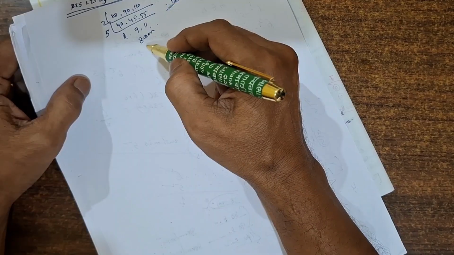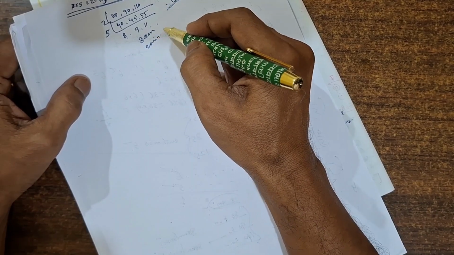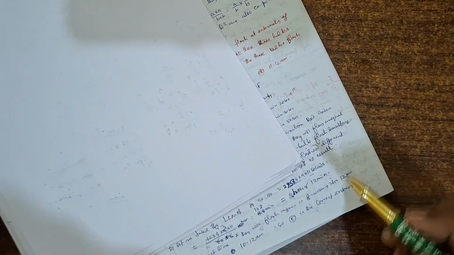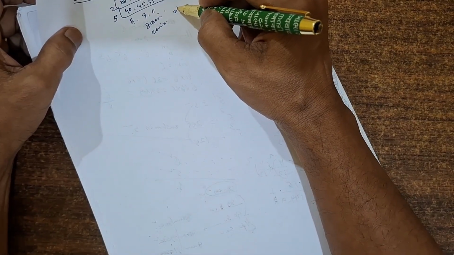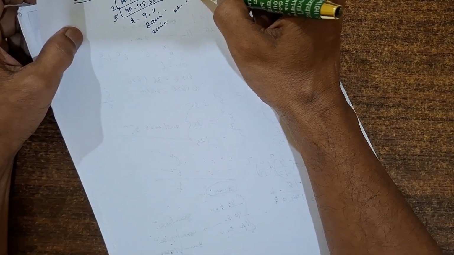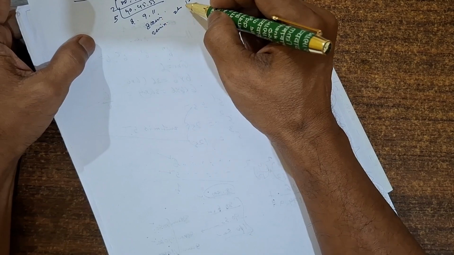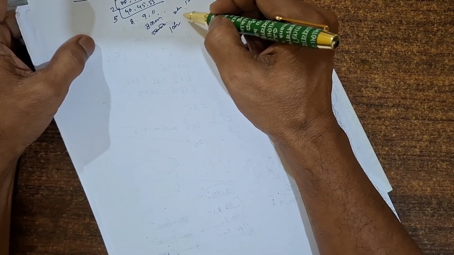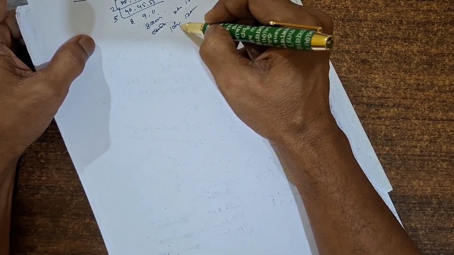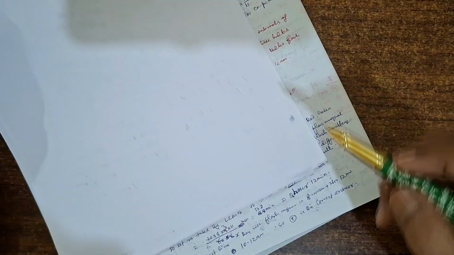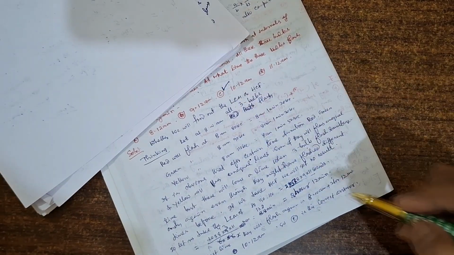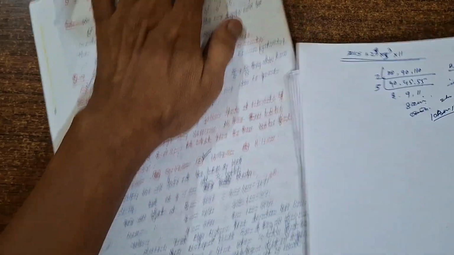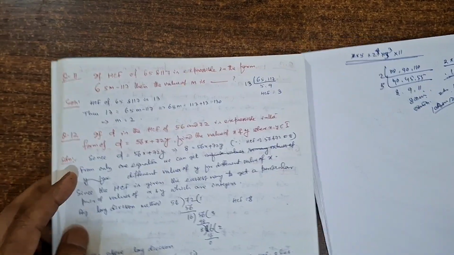Now add 2 hours 12 minutes: 8 plus 2 is 10, so it is 10 hours 12 minutes, or 10:12 am. That is the correct answer. This is worked out by the process of LCM.